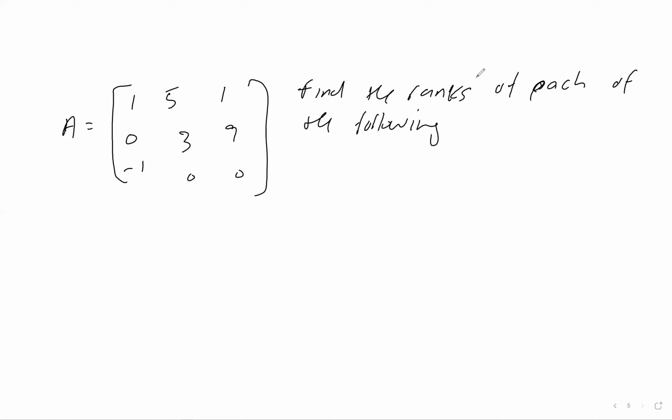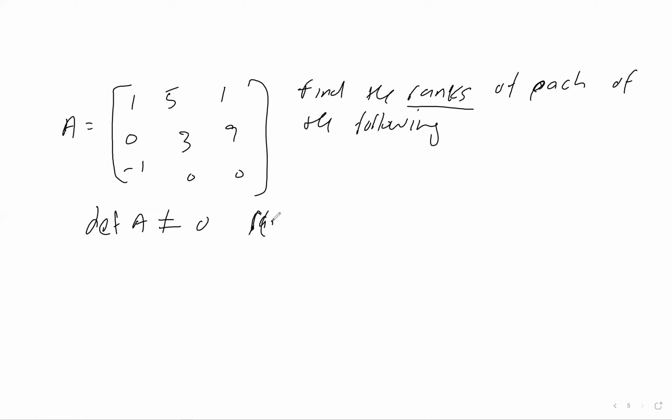So we have this matrix, and they're asking you to find the rank. Different instructors have different ways of determining the rank of a matrix, but I find it easy if you take the determinant of A, and if it's non-zero, then the matrix is rank 3.